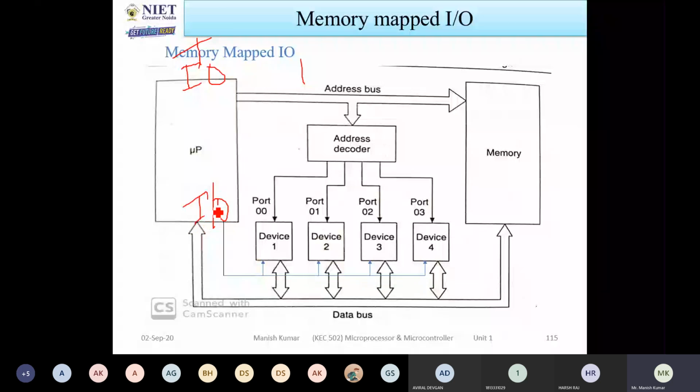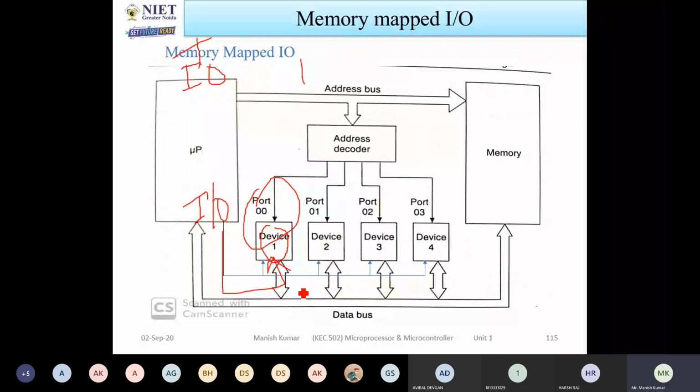In this case, you choose whether you are using device 1 as an input device, output device, or as memory. If you are using memory as a device, then you can go for memory mapped input output. If you want to use input output devices, then you can use them with this line. So this is the difference between these two architectures.